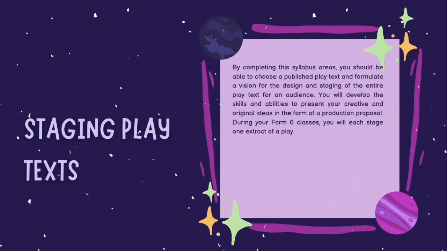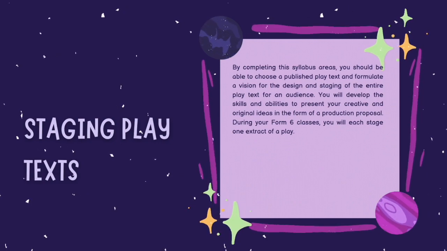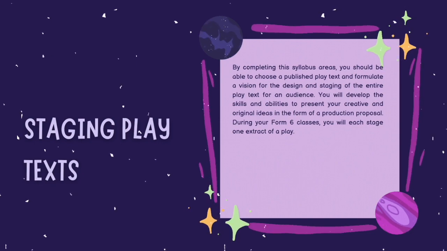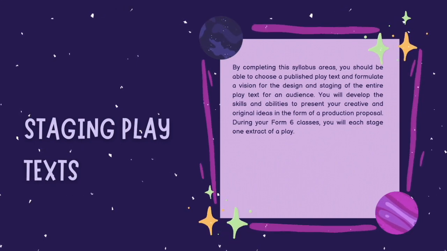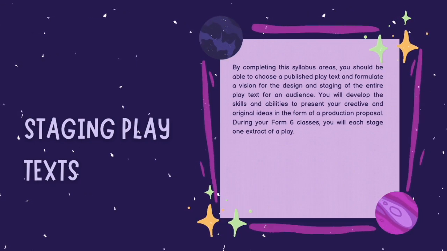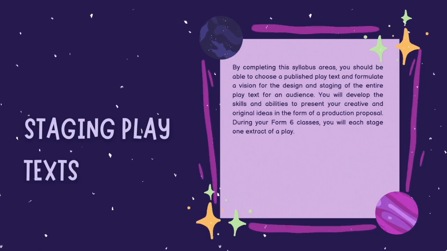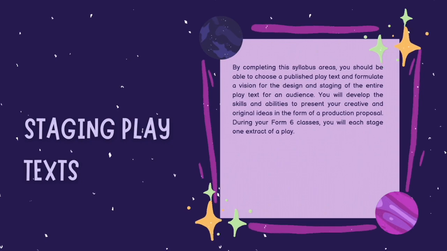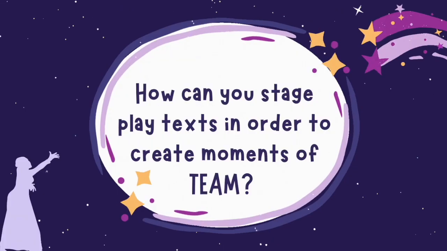Throughout the Form 6 units, as you're exploring this syllabus area, you will have to, each of you, stage 1 extract of a play. You get to choose when, what play, but we'll look at that a little bit later.